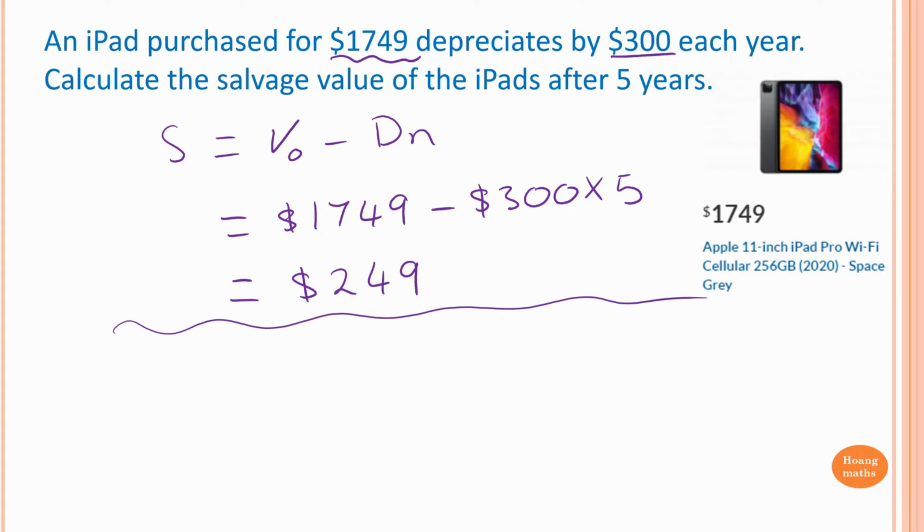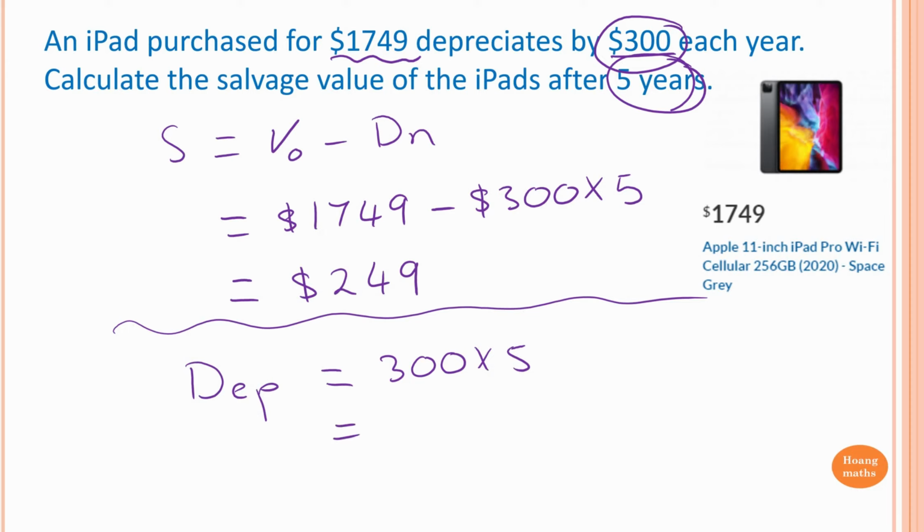Of course, you can do it another way mathematically, because we know that the iPad loses its value by $300 every year for 5 years. So we can work out the depreciation. Depreciation is equal to 300 times 5. That's how much it depreciates, or how much it has lost its value. So 3 times 5 is 15.